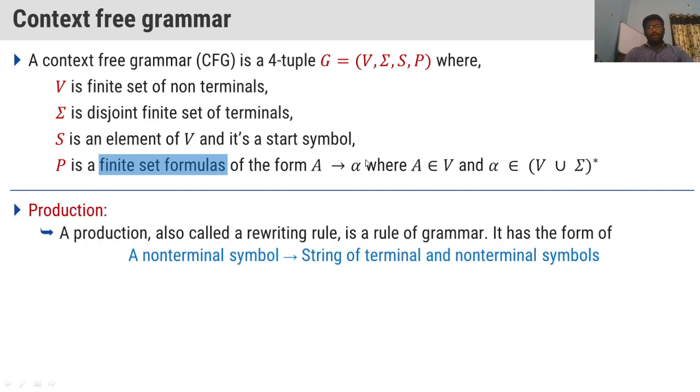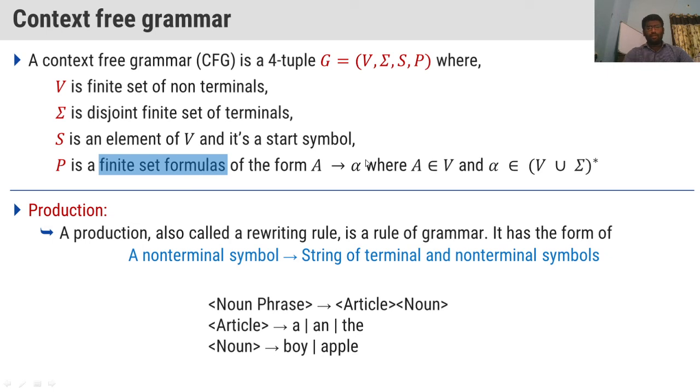Production is in the form of like this. Non-terminal can generate any number of terminals and non-terminals. Example, so noun phrase is generating both article and noun. Noun phrase is the start symbol. Article and noun are both non-terminals.